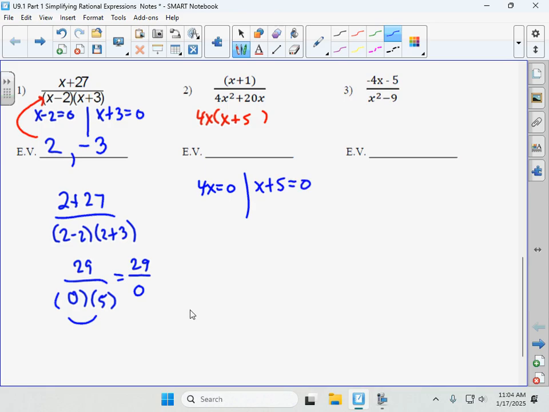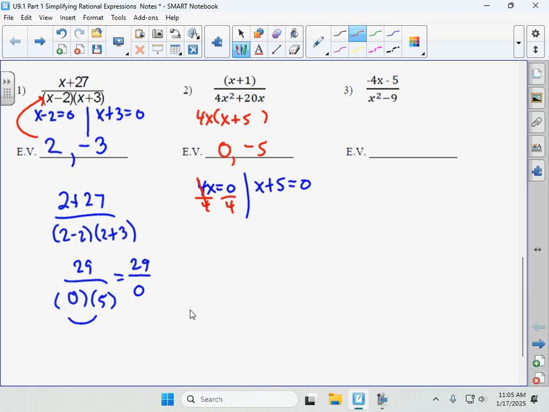Solving those, 0 divided by 4 is 0, and setting x plus 5 equal to 0, we would get negative 5. So this has two excluded values, 0 and negative 5. The numerator has nothing to do with excluded values. It's only in the denominator.